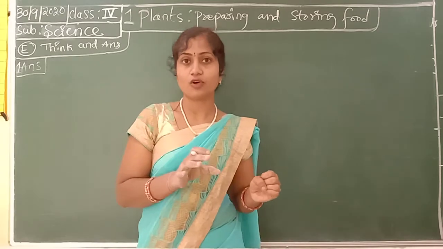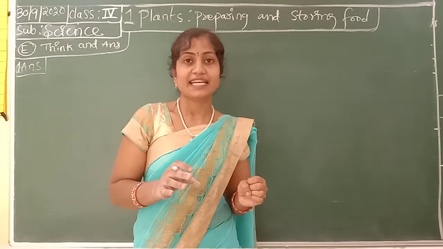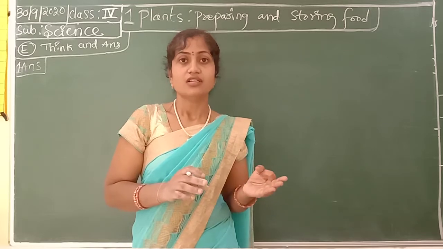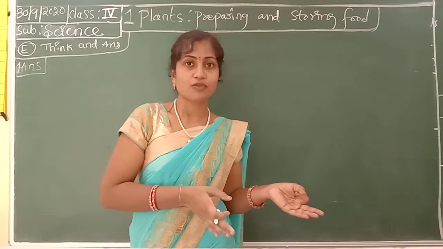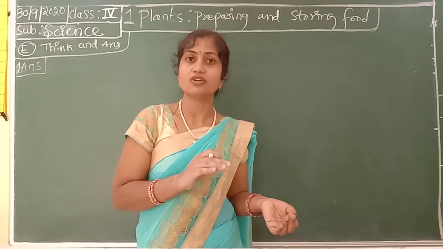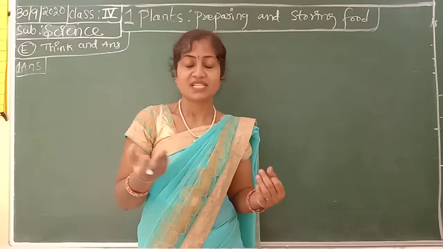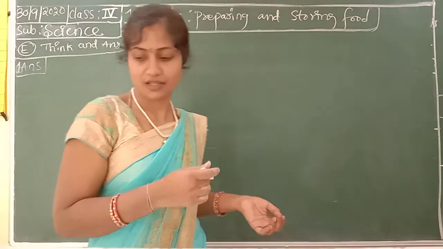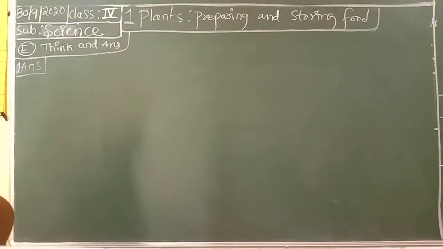The leaves have chlorophyll, but they need sunlight, carbon dioxide and water. If we keep the plant in a dark room, sunlight is not falling on the plant, so the starch is not present in that plant. Okay children, you have to write that answer.